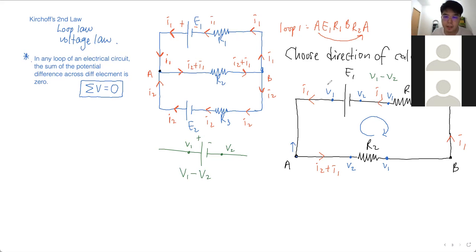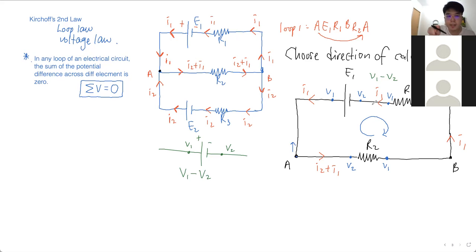Meaning this one, we use V1 minus V2. The second one is also V1 minus V2. The third one is also V1 minus V2. You can't suddenly say, I want V2 minus V1. Please no. This is the reason why so many cannot do it. The direction you choose, you have to stick to it all the way.